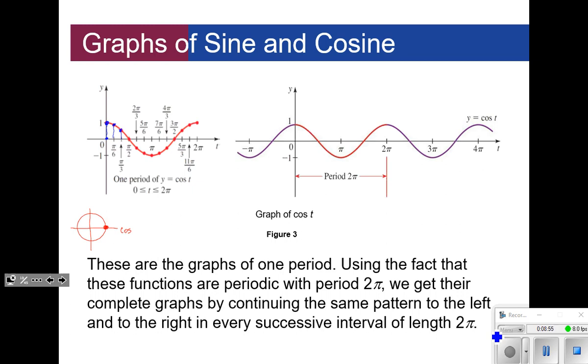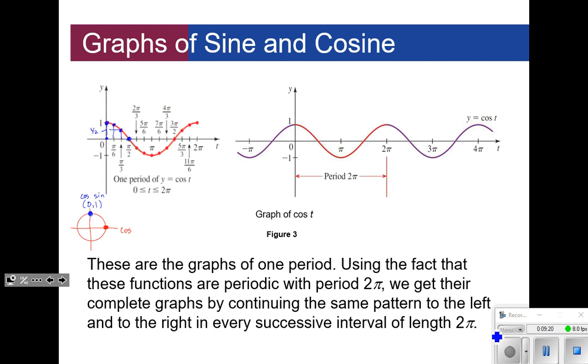Pi/3 is going to be 1/2. Pi/2, this one mirrors this one on the unit circle. So pi/2 would be 0, because if you look at this point, this is the point 0, 1. This is the cosine value. This is the sine value on your unit circle. So cosine is 0 at pi/2.